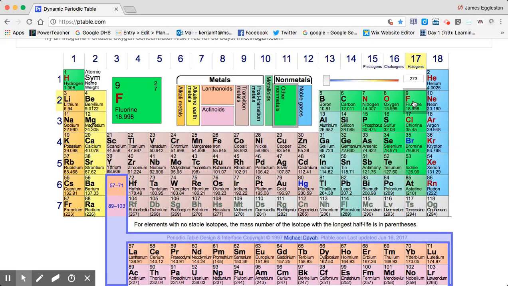If fluorine were to take on an extra electron, that would mean that it would have 9 protons and 10 electrons. So overall, if you consider plus 9, negative 10, you can see that fluorine would make a negatively charged ion. Chlorine makes a negatively charged ion. Bromine makes a negatively charged ion. Iodine, all for the same reason.